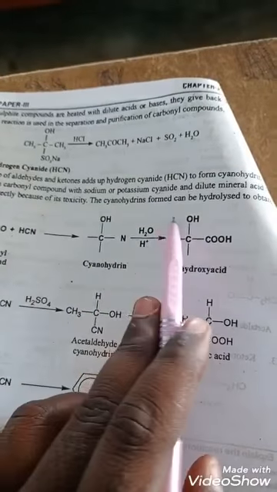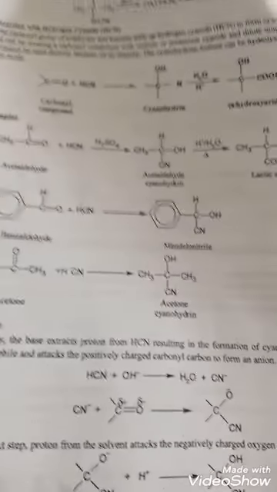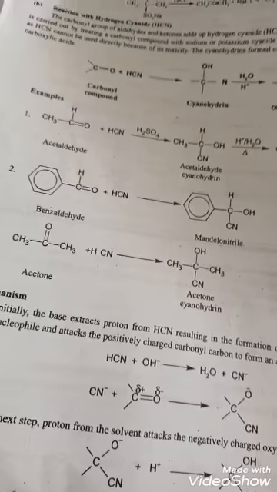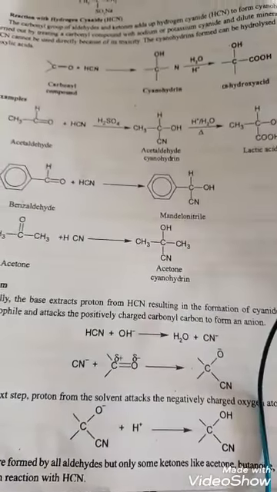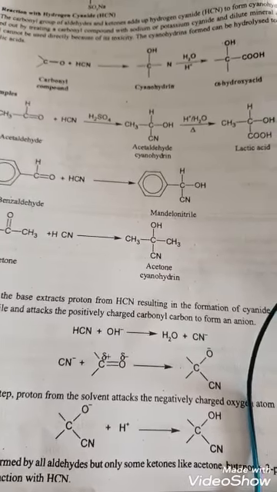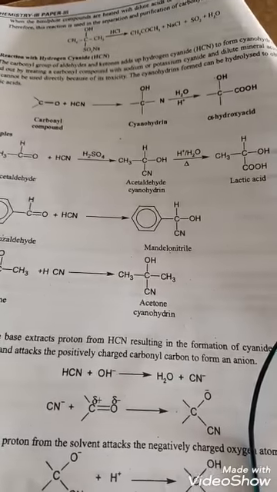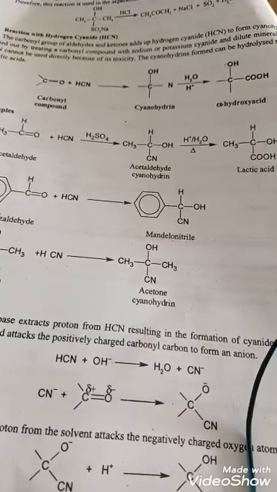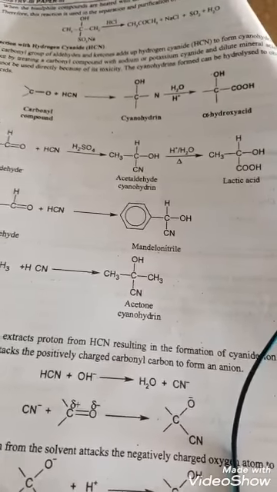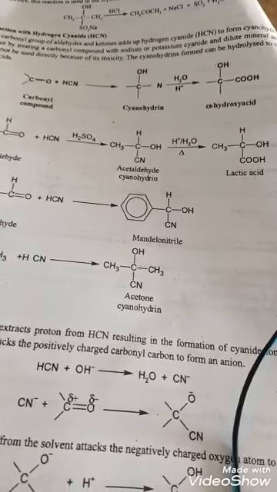The cyanohydrins formed can be hydrolyzed to obtain carboxylic acids. So in that carboxylic acid, double bond O plus HCl to form CH2OH plus C OH COOH, alpha hydroxy acid.